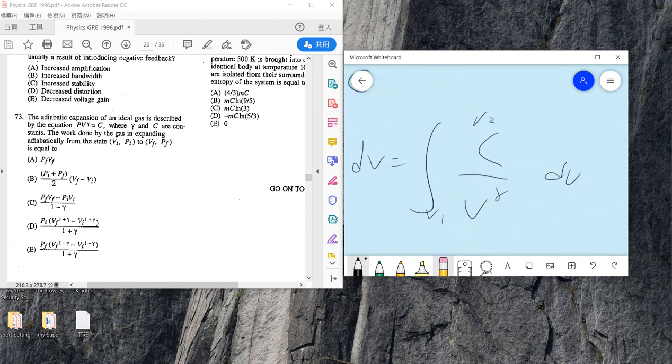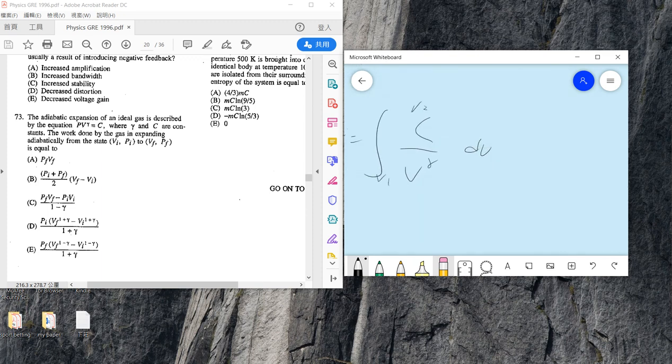So, okay, it's C dV over V gamma, from V1 to V2. So we do the integration. What we have is minus 1 over gamma minus 1, C over V gamma minus 1, from V1 to V2.